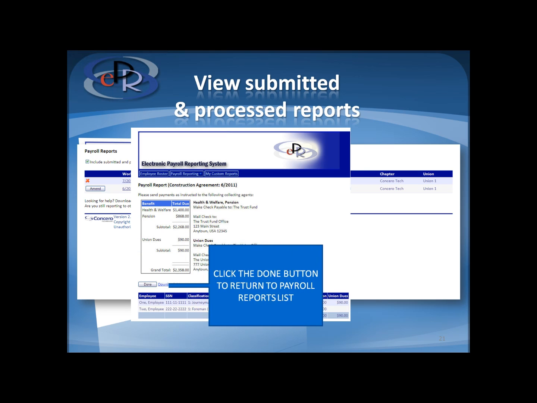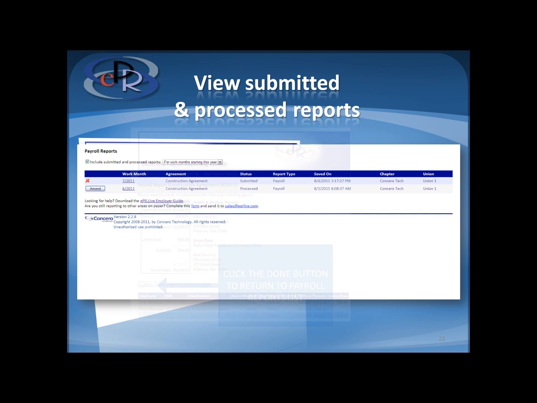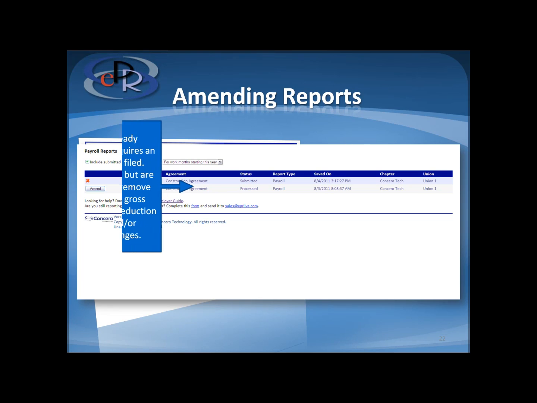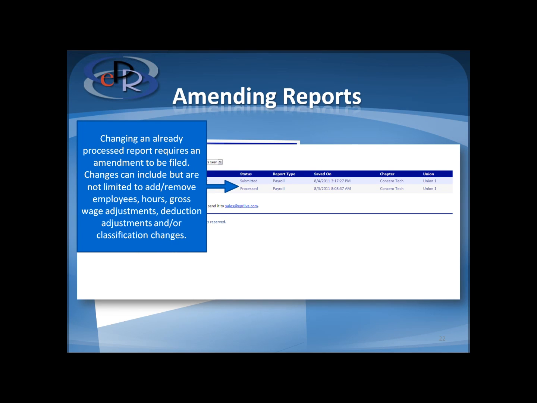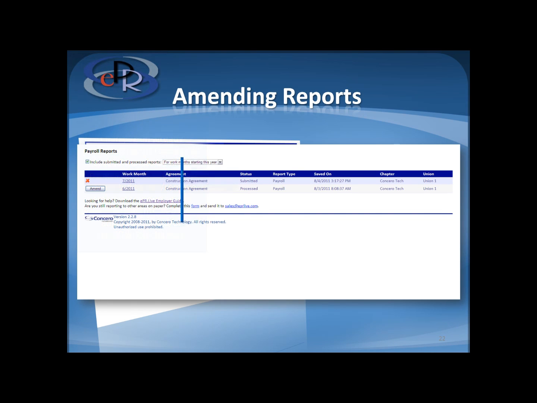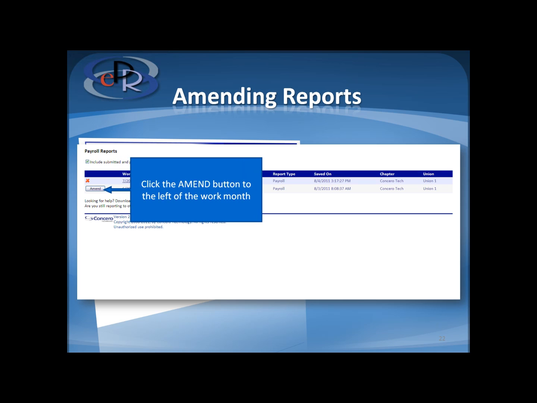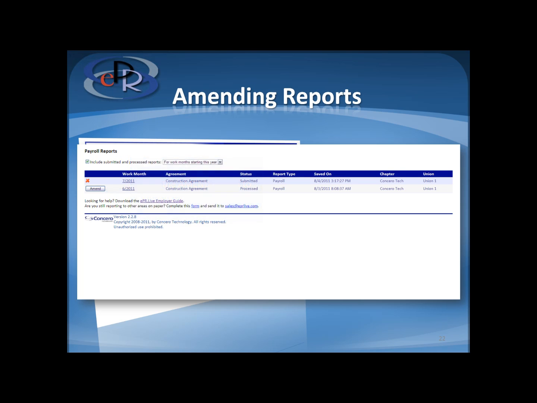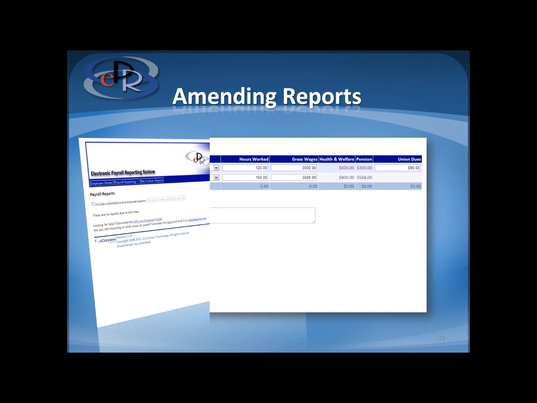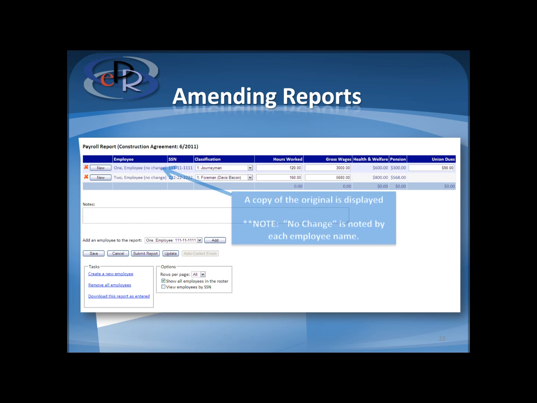Click Done to return. If your report has already been processed, but you need to make changes, just click the Amend button. A copy of the original report will be retrieved for your viewing.